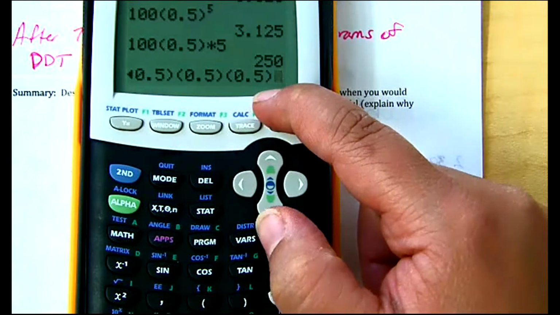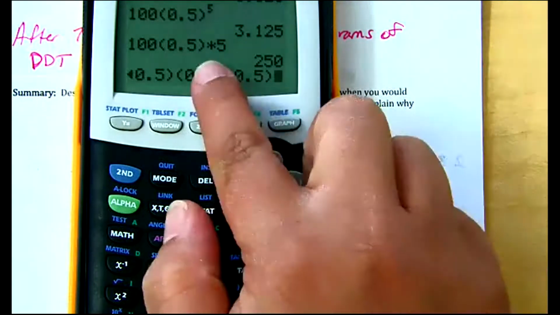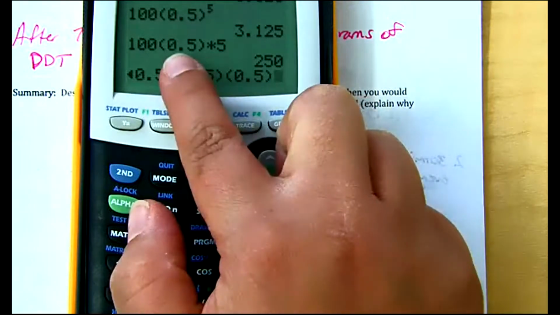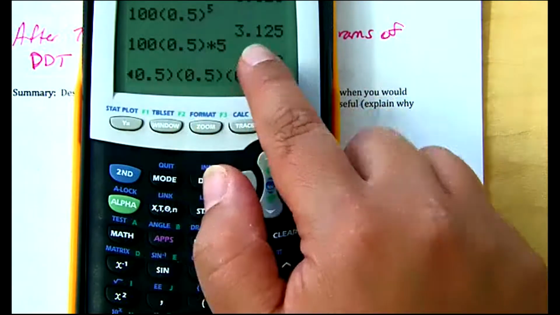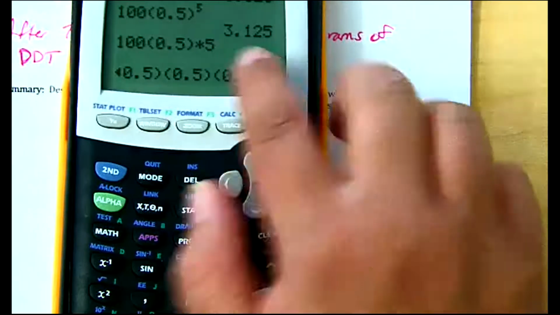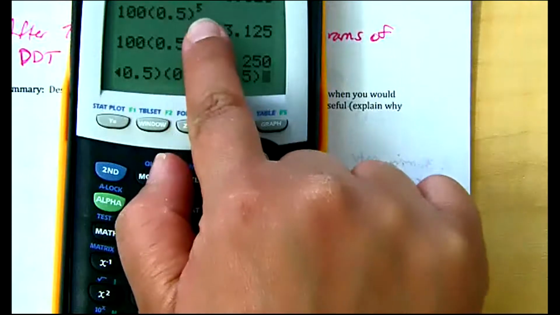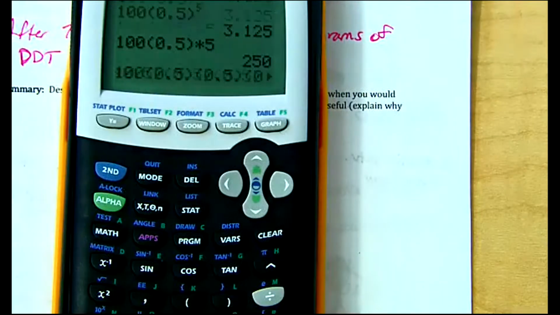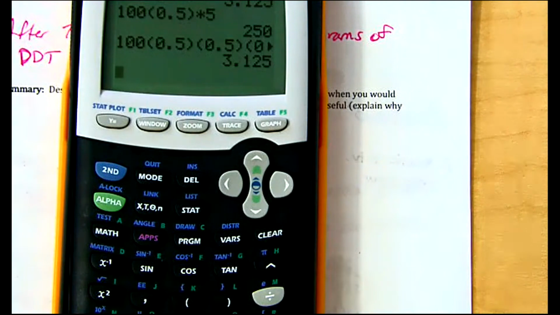You're multiplying it by 0.5 five times, whereas this is 0.5 plus 0.5 plus 0.5 plus 0.5. Multiplication is just multiple addition, whereas exponents is multiple multiplication. Does that make sense? I don't know if I just went into a deep explanation for a minor mistake, but I wanted to make sure that was clear.